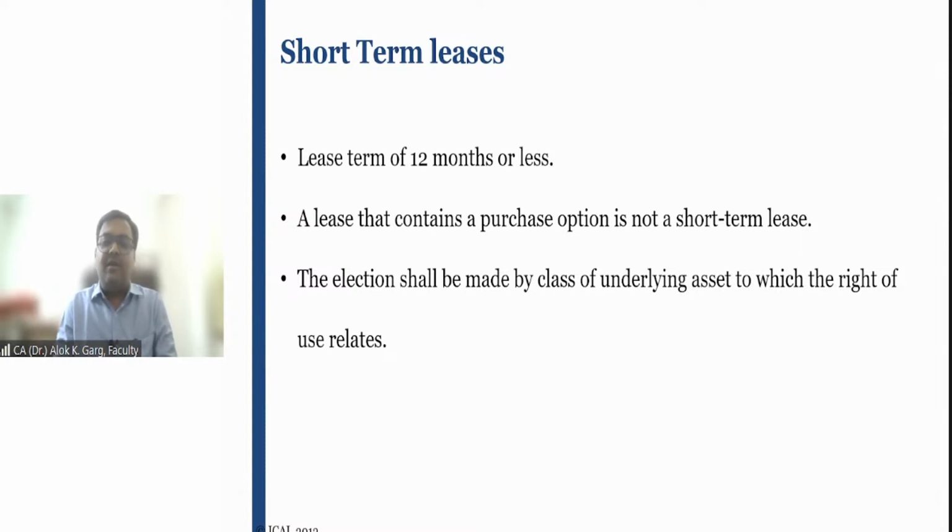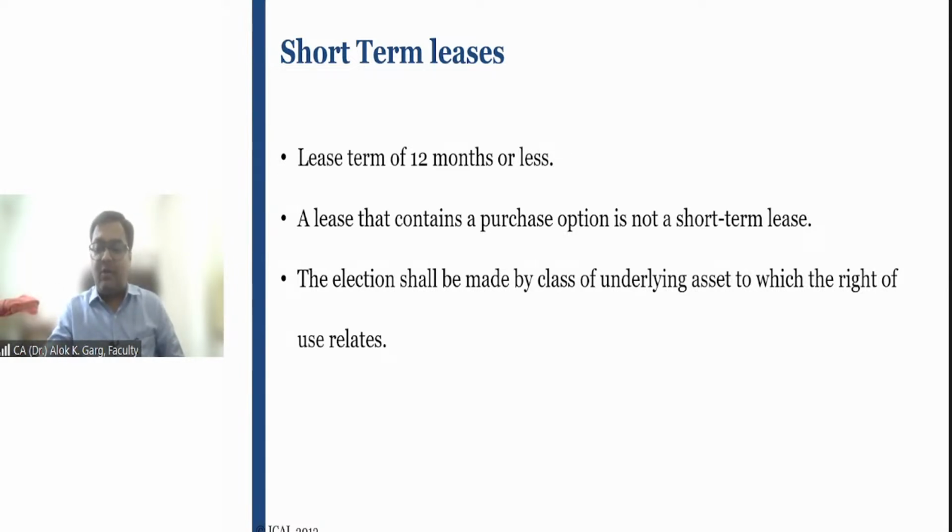He has to pass a monthly entry or let's say yearly entry for depreciation and finance cost and then lease payment, right? So instead of doing all this asset and liability accounting, if the lessee wants to avail this exemption, the lessee can simply do: car lease rental expense account debit to bank account, car lease rental expense account debit to bank account, 10,000 rupees every month.